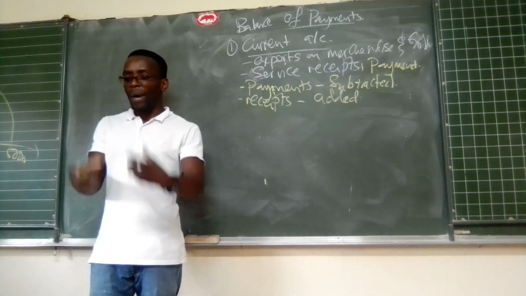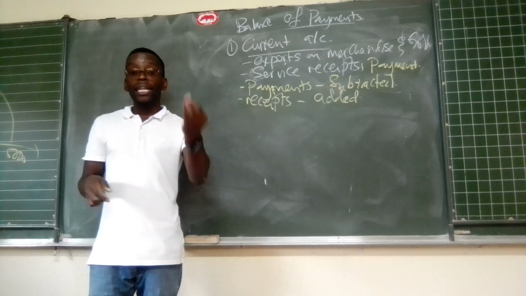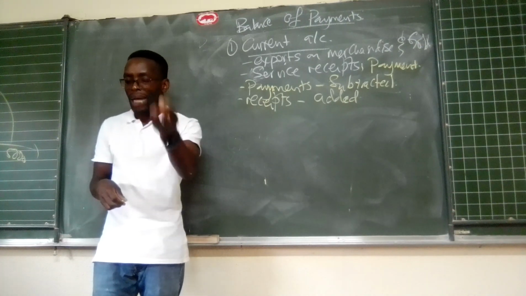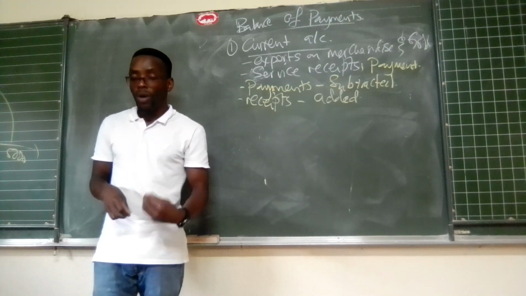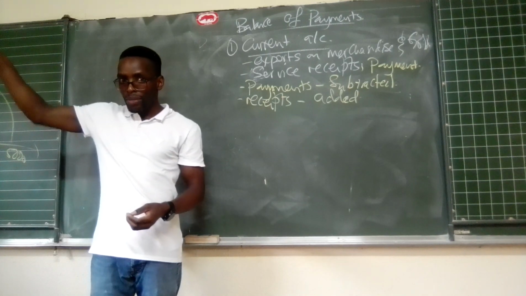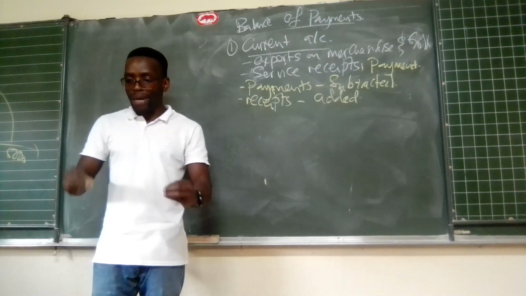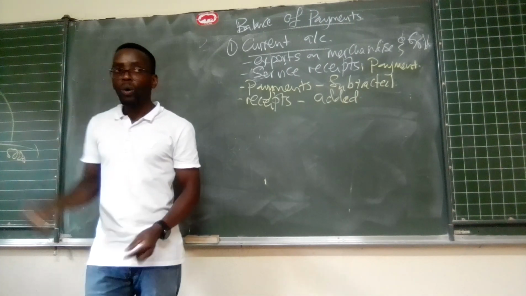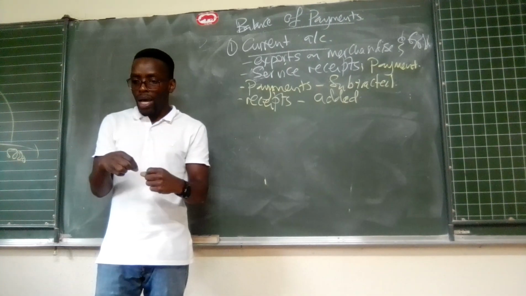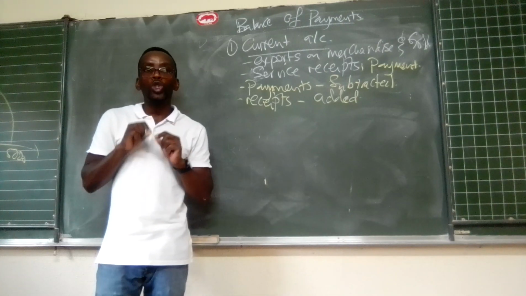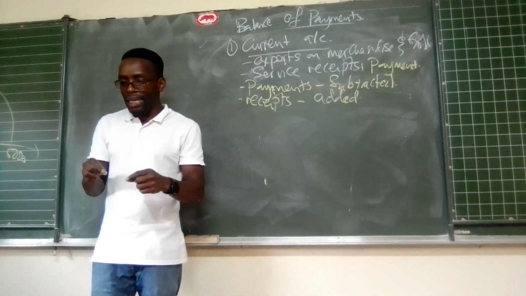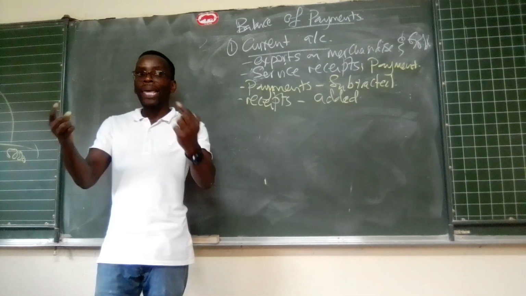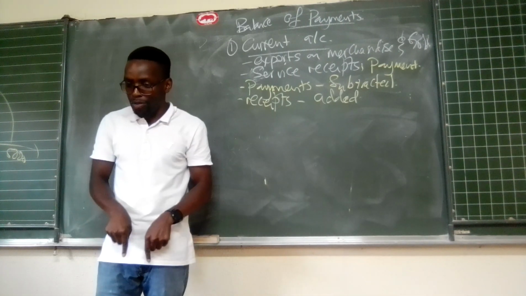Our receipts are an indication of the amount of money that was earned by our citizens who are abroad. Whilst our income payments show the amount of money that was earned by non-citizens who are working in our country, South Africa.